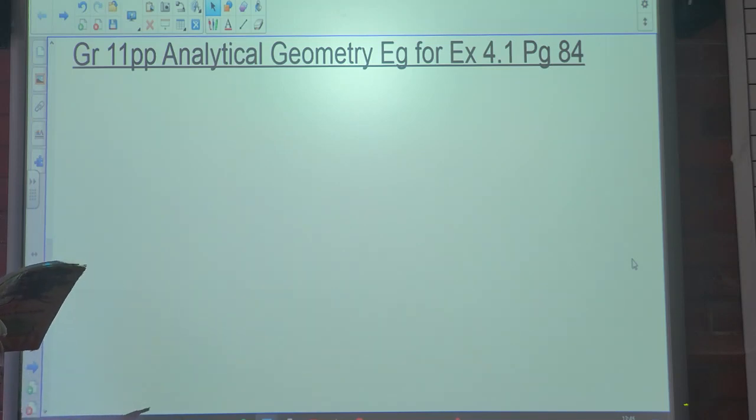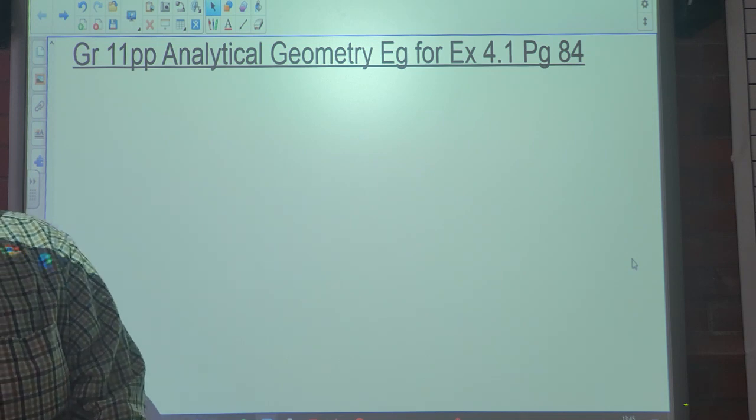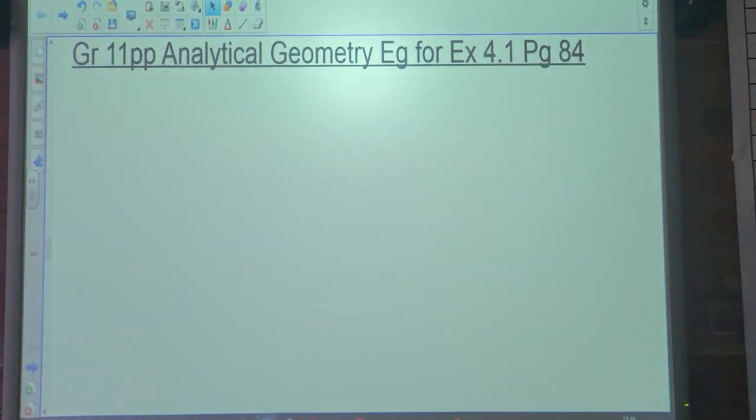So for homework, I would like you guys to conclude exercise 4.1. So whichever sums you haven't done for exercise 4.1, please complete that for tomorrow. But because you are writing, I'm not going to give you something new for tomorrow, okay? So you just complete that for homework, and then we'll do the examples for exercise 4.2 the next time I see you, okay?